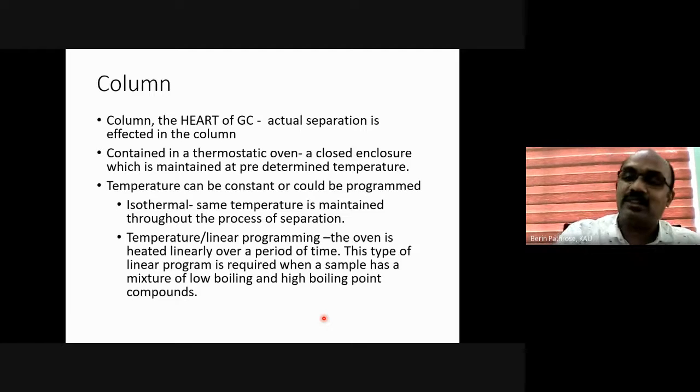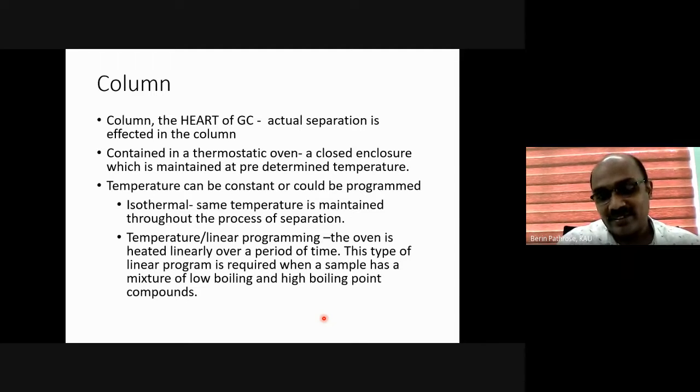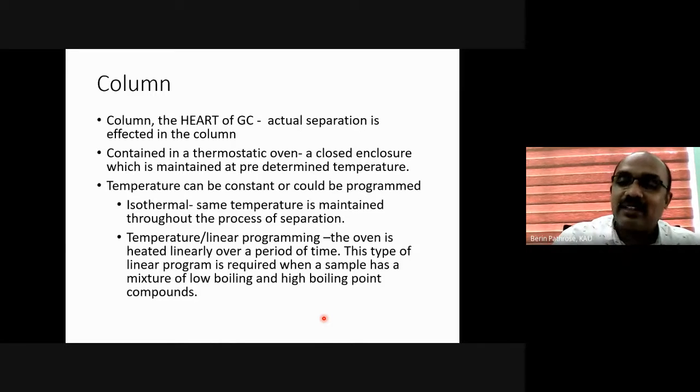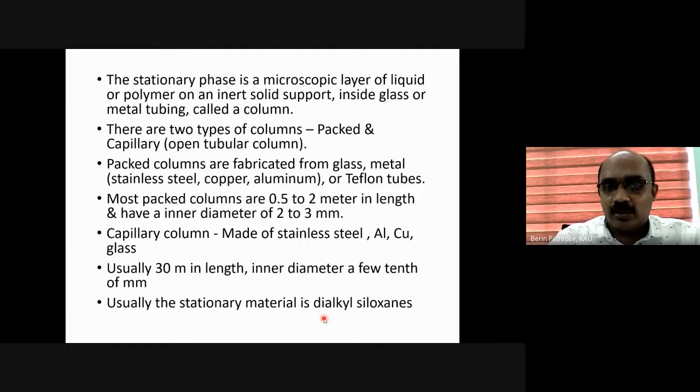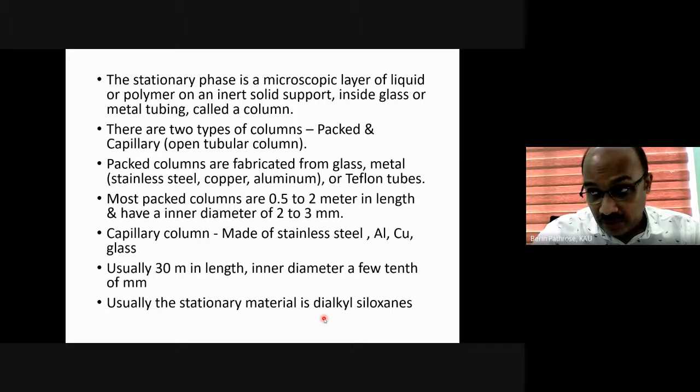We won't be able to detect it properly. So these kind of things we practically adjust with the equipment as we learn while we use the instrument. So this is with respect to the oven, and in the oven we have the column.